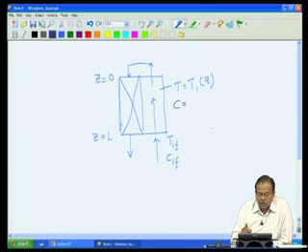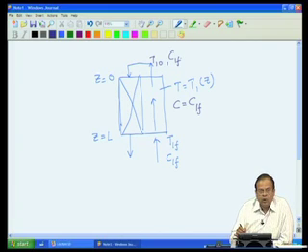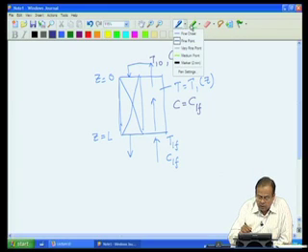I am not changing my concentration. So, concentration remains the same as C1F, because there is no reaction, there is no catalyst in that region. So, at this particular point we have some temperature, let us say T1 at 0, and concentration C1F, which enters into my reactor.